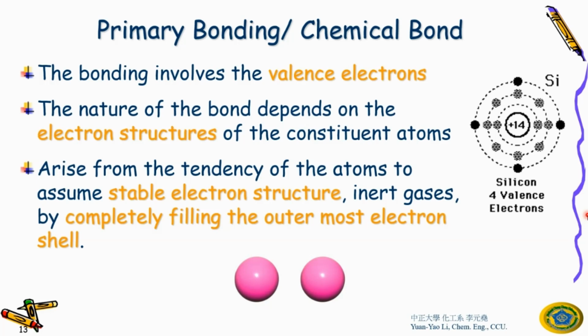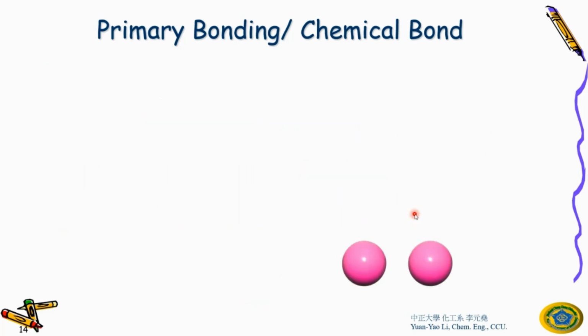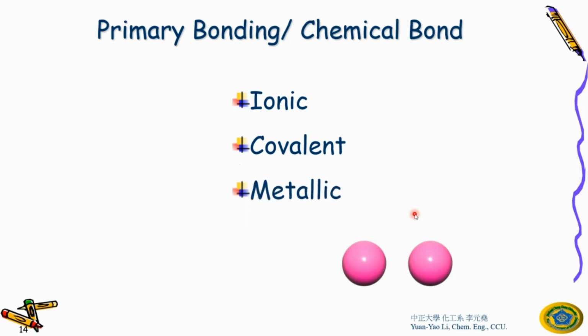So anything related to the chemical bond is always related to the electrons in the outermost shell, and it needs to become a stable electron structure, which is inert gas stability, right? Okay, so there are three bondings: ionic bond, covalent bond, and metallic bond. We'll go through these one by one.